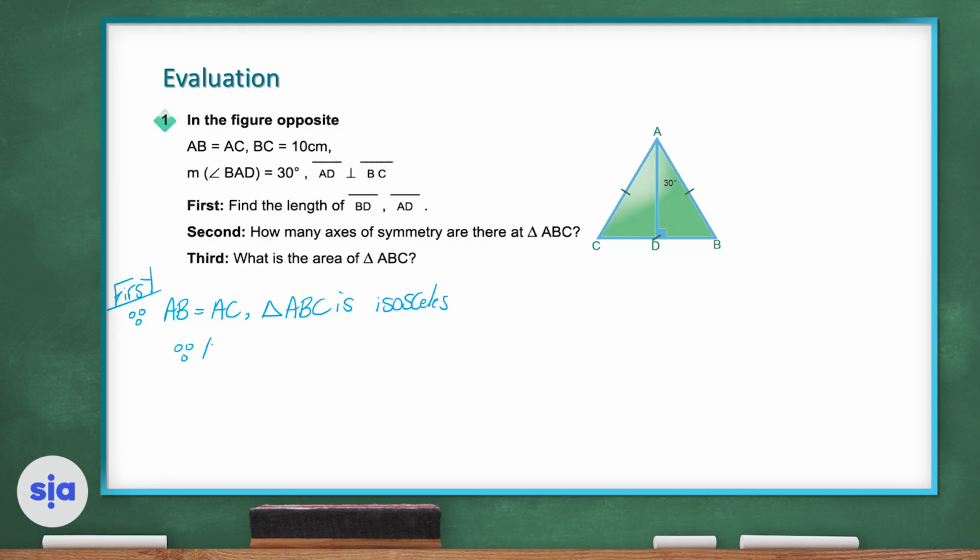Since AD is perpendicular to BC, therefore AD is the axis of symmetry of triangle ABC.